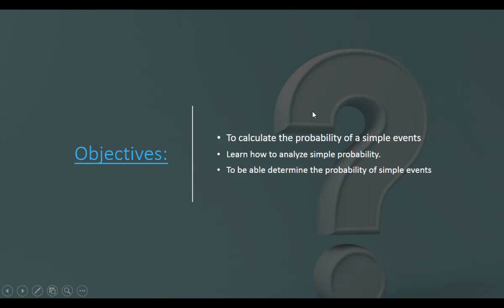But before that, as you can see in the background, we have the question mark. It's because if we are talking about probability, have you heard about the recent lottery result in which we had 400 plus winners of the lotto?